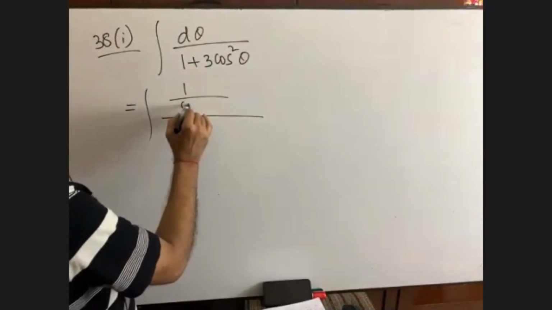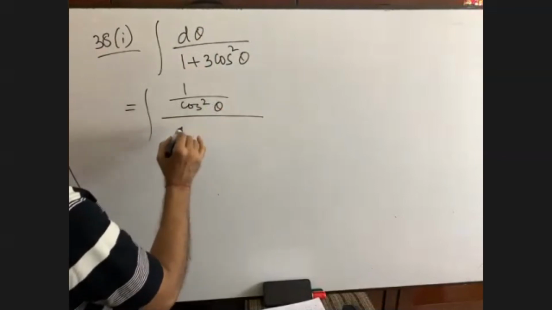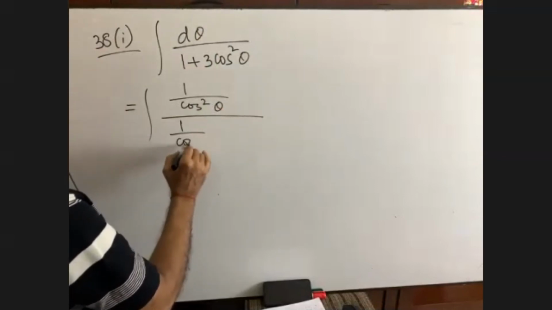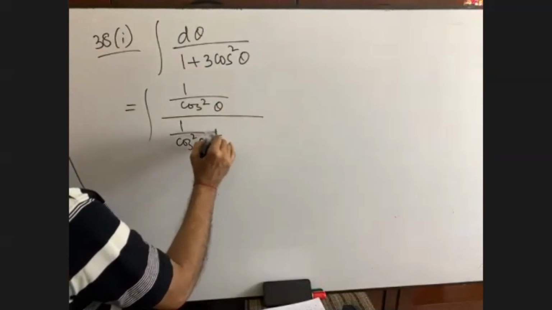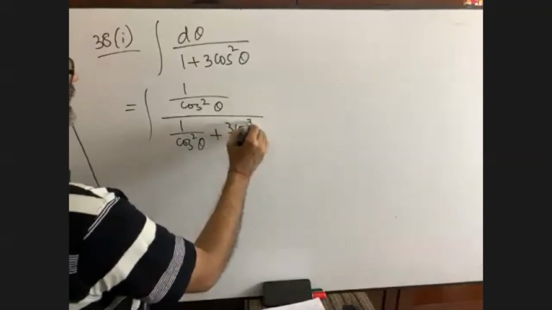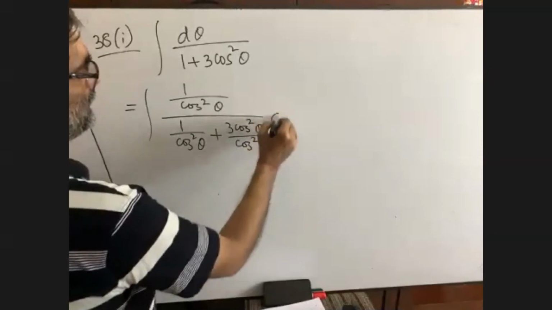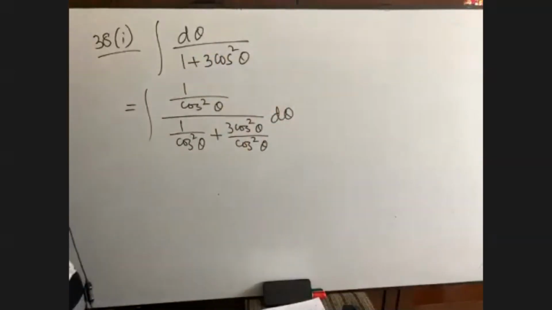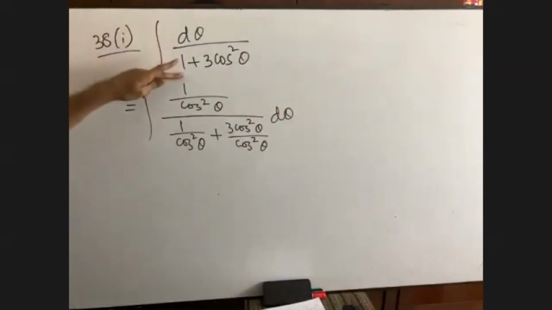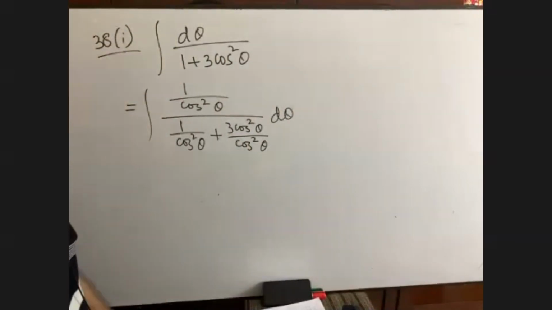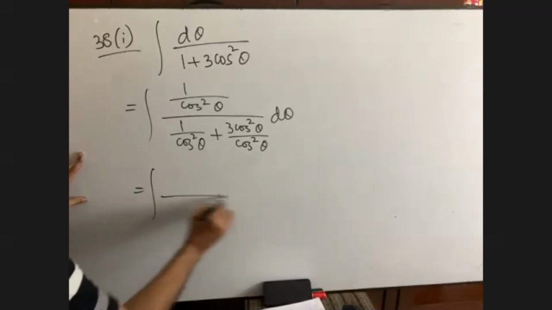That is 1 by cos square theta, 3 cos square theta by cos square theta, d theta. What actually I have done here? I have divided both the numerator and denominator by cos square theta.